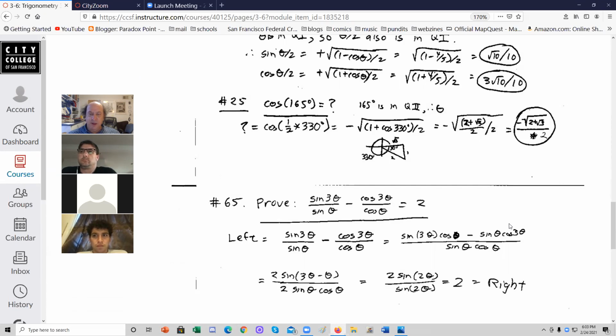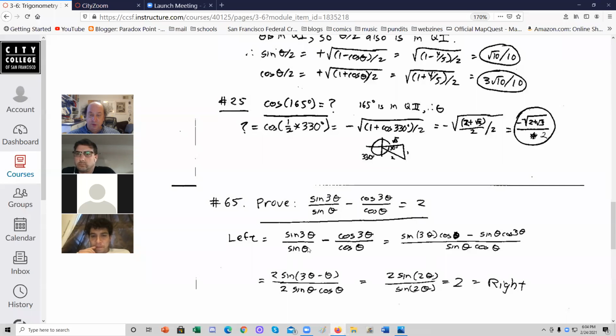Here we have some proofs of identities. And again, I require in these problems that you go through the full detail. Here we go, the full proof. Prove that sine of 3 theta over sine theta minus cosine of 3 theta over cos theta equals 2. I will start with the left side, sine 3 theta over sine theta minus cos 3 theta over cos theta.